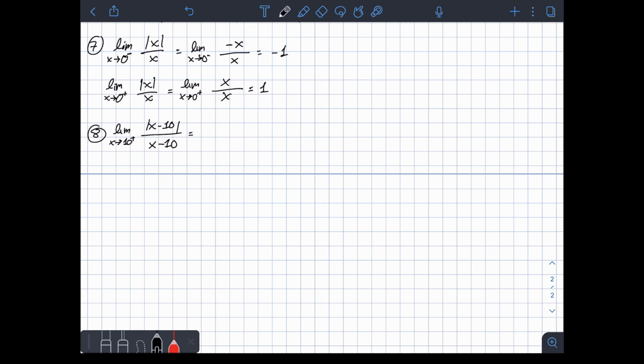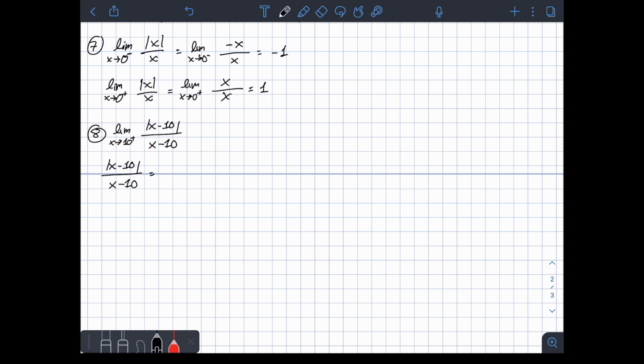If we're approaching x from the right, then we find an equivalent form of this function.